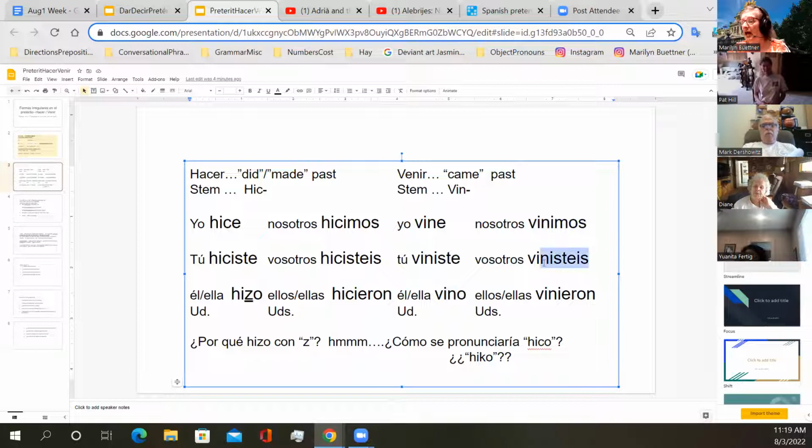Vinimos, vinisteis, and our tail end plural vinieron. Ellos vinieron, ellas vinieron, ustedes vinieron. Venir is a little more consistent. I don't have this weird spelling change here, but I'm grouping these together because they do get that letter I, which doesn't appear in the stem. It just is what is used in pretérito.